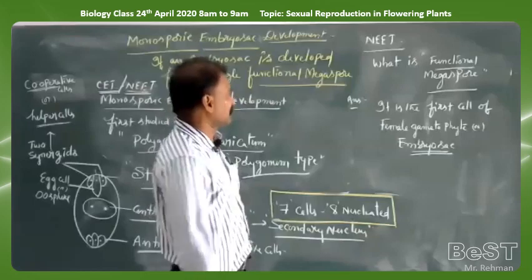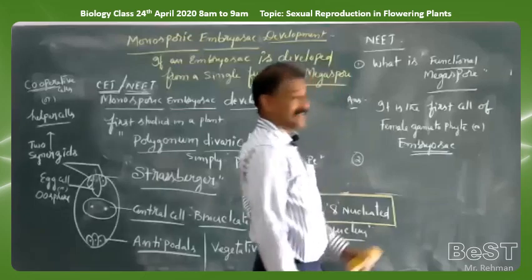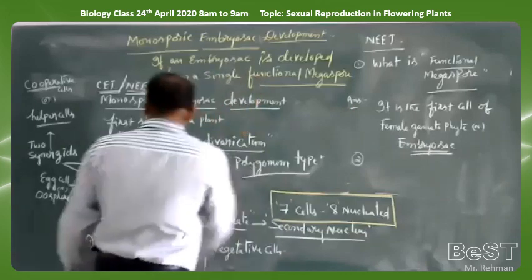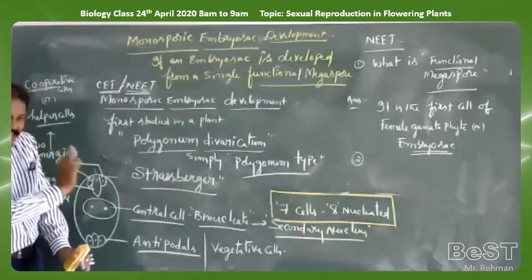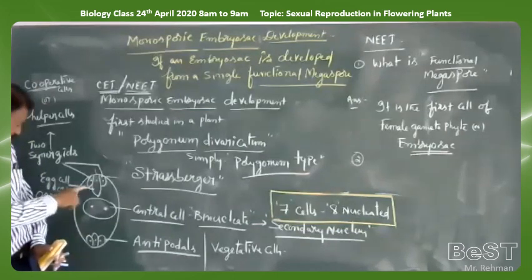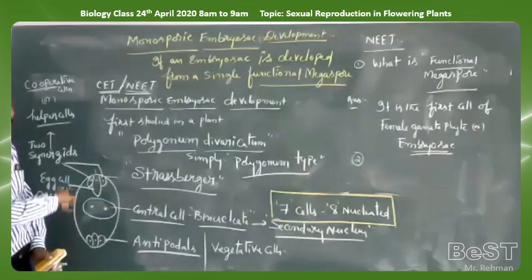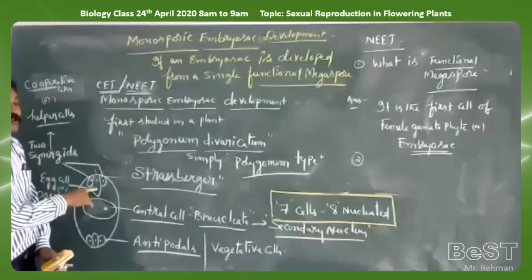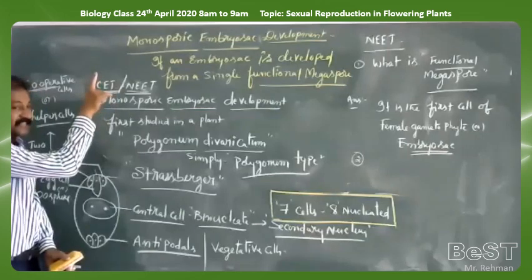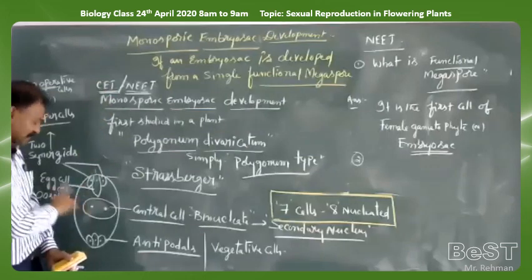Then another question: what is the last cell of the female gametophyte? In a female gametophyte, what is the last cell which is responsible for something? Egg, or female gamete, is the last cell of the female gametophyte, which is responsible to fuse with the male gametes of the microsporangium, or stamen, or androecium, or pollen grain, the 2 male gametes from the previous class.